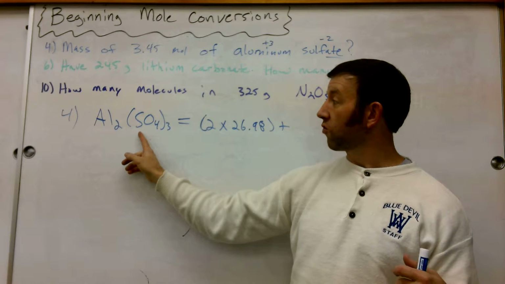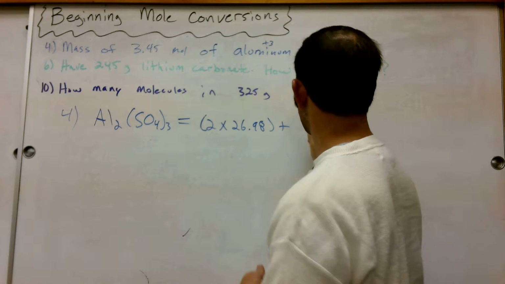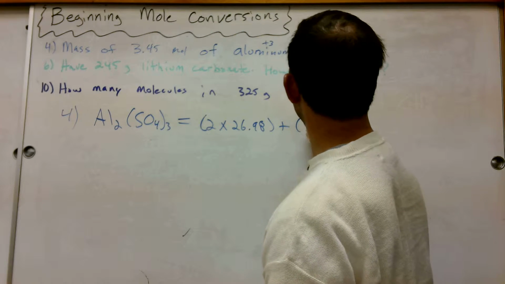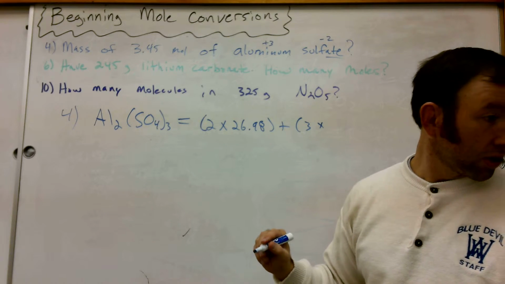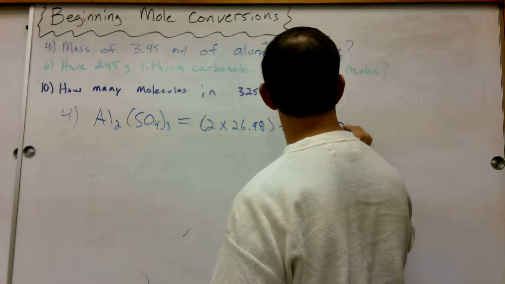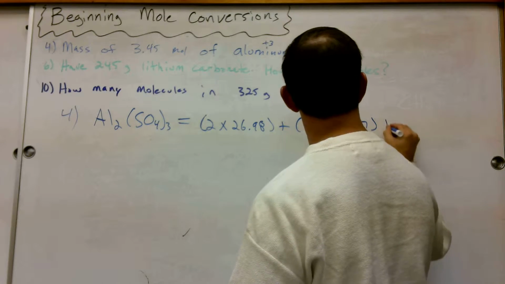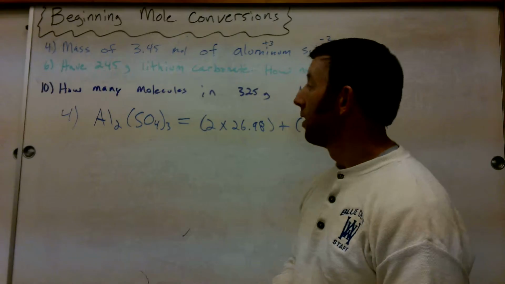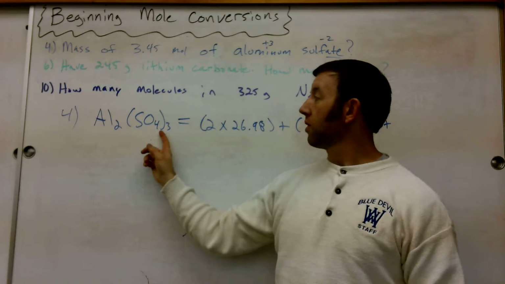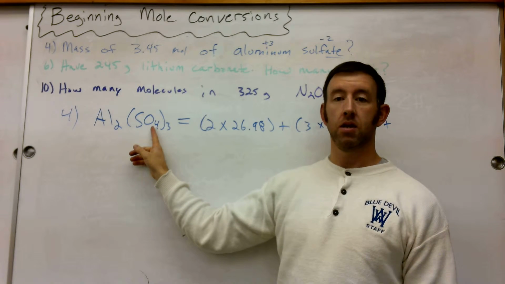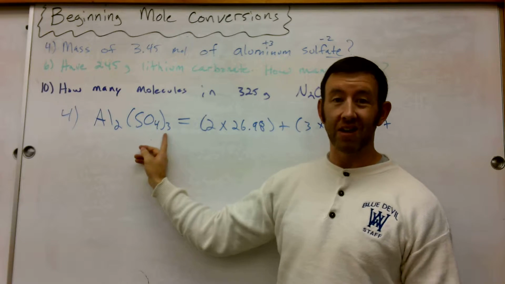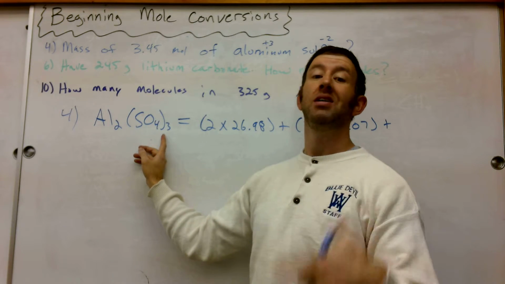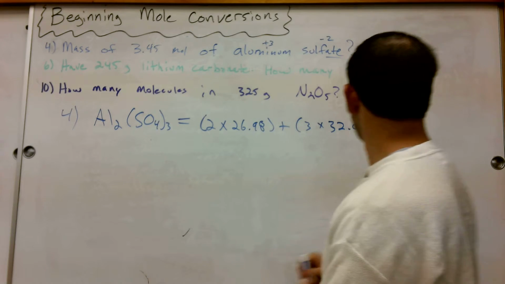I have 1 sulfur inside, so 3 sulfurs, plus 3 times the mass of sulfur, which is 32.07, plus, going back to my formula, I've got 4 oxygens inside, and I have 3 outside, which means I'm going to multiply that value, so it's going to be the mass of oxygen times 12.